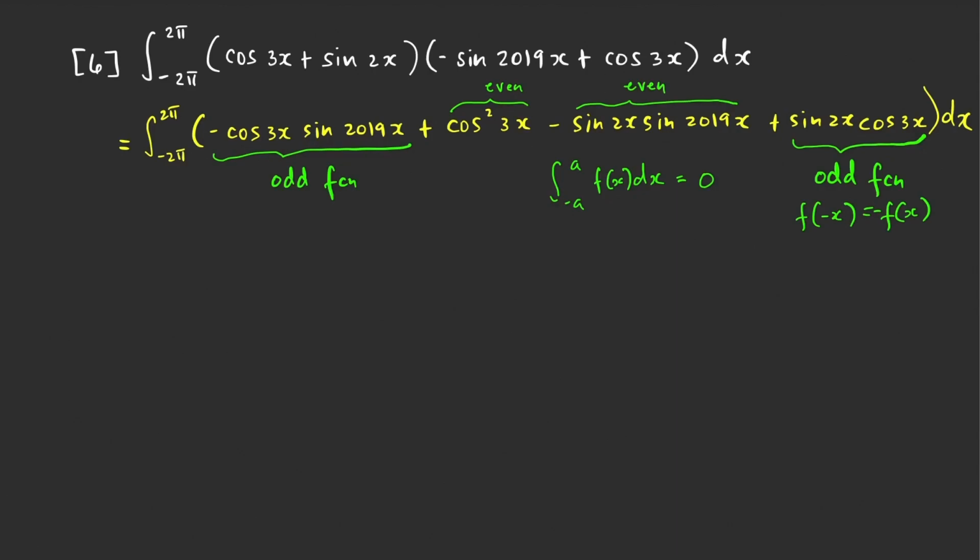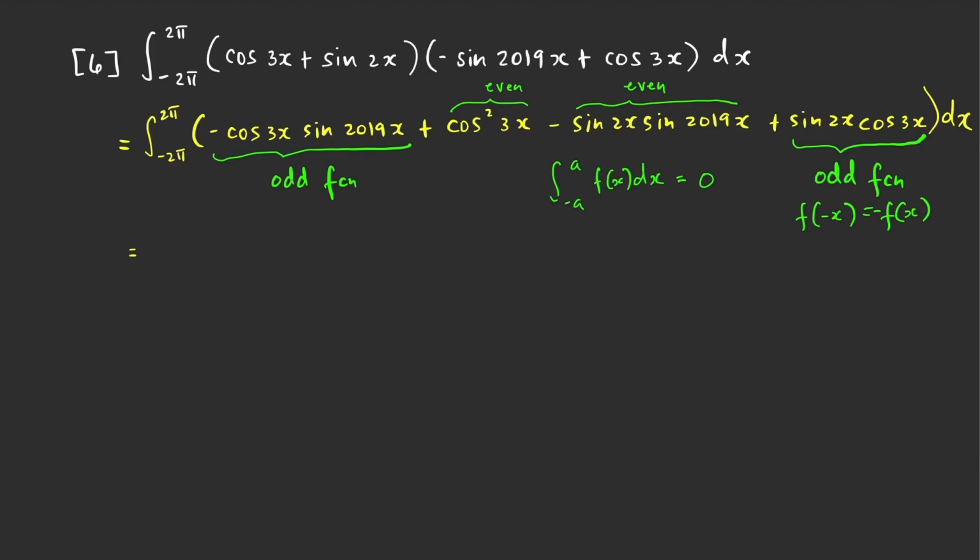If you're integrating, let's say, the integral from negative a to a of f of x dx, and you know that f is even, then you can just write that down as 2 times the integral from 0 to a of the even function dx. I want to do this to make the computation a little bit faster.